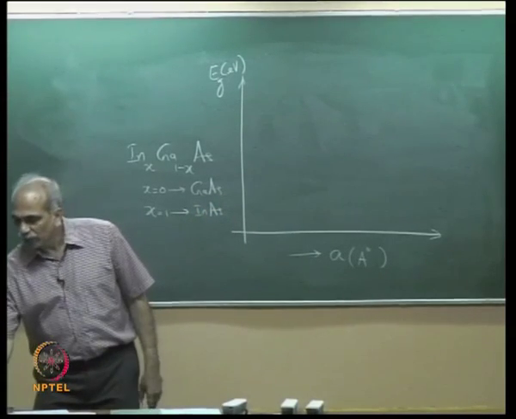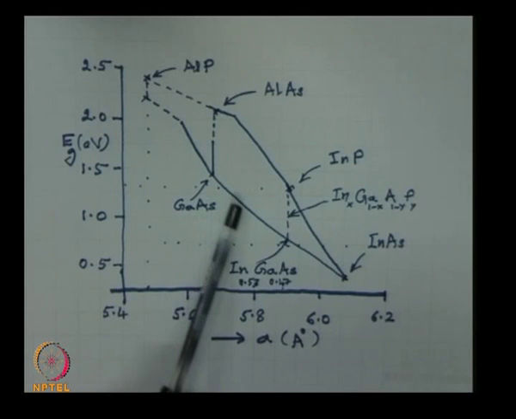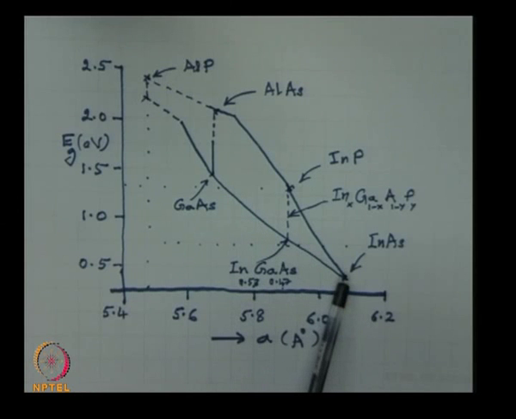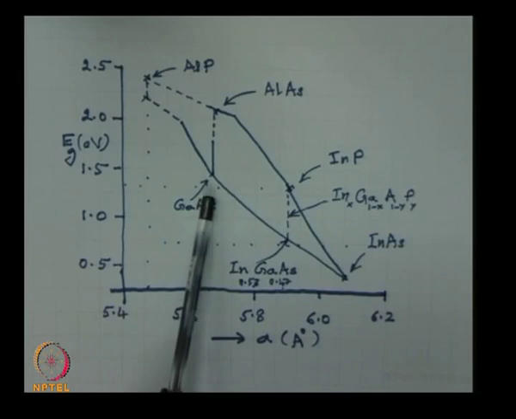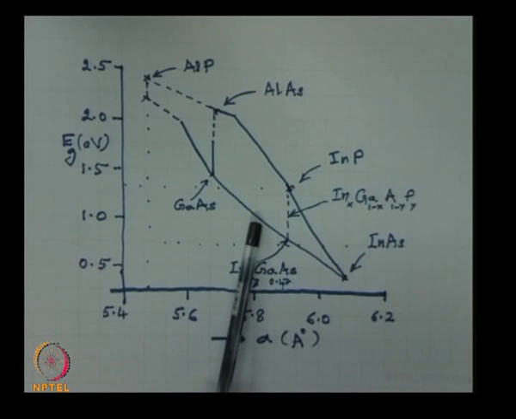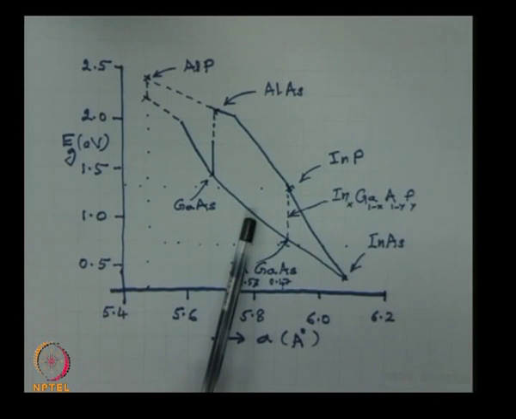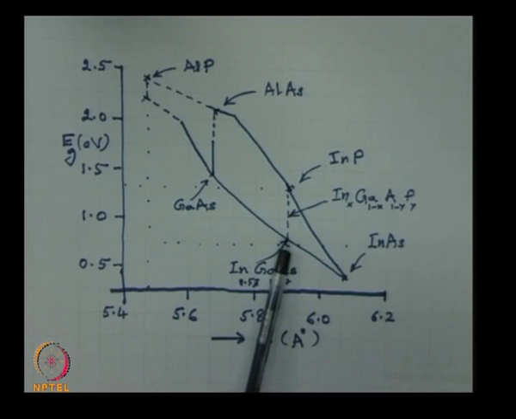Which means as you travel from here to here along this curve, this is point x equal to 0 and this is the point x equal to 1. By varying the fraction x, this entire line from here to here represents various compositions of indium gallium arsenide. I have indicated one particular composition here of indium gallium arsenide. I hope you can read the number. It is indium 0.53, gallium 0.47, arsenic.